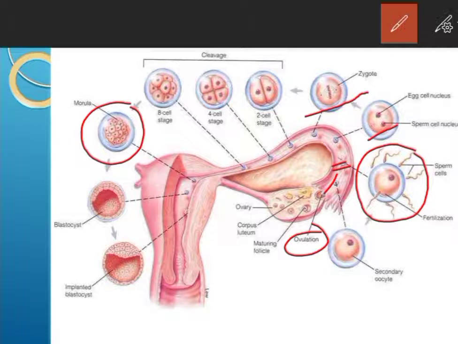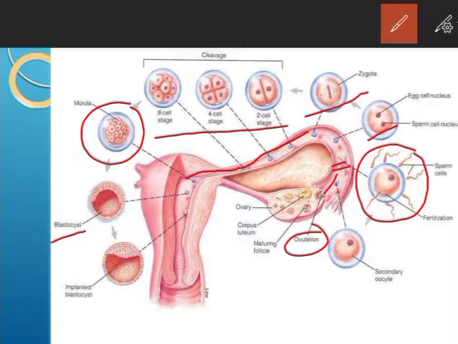Morula will further continue to divide and it gets transformed into a blastocyst as it moves further in the uterus. You can see here the zygote moves from the isthmus towards the uterus, and during this movement there is division of the zygote.